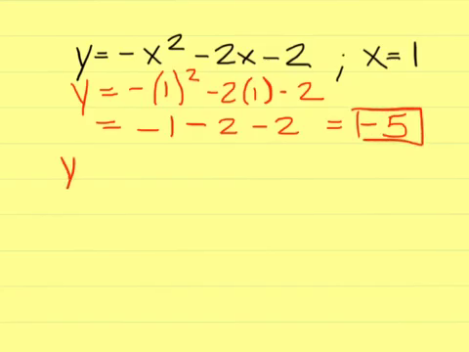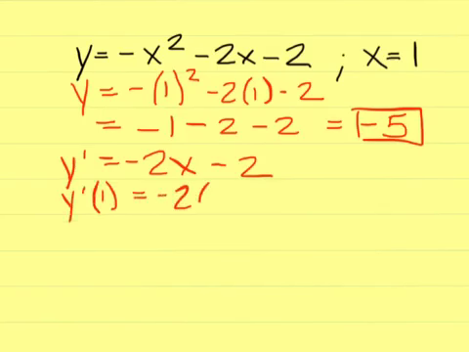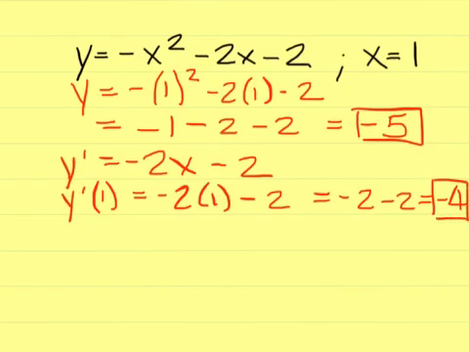And next you need y prime. So you'll have a negative 2x minus 2, and then the last minus 2 drops off. Evaluate y prime for 1. So negative 2 times 1 minus 2 is negative 2 minus 2. That's negative 4. That is your slope. So you have the 3 items you need to solve for the y-intercept.